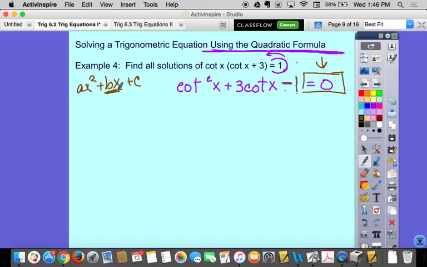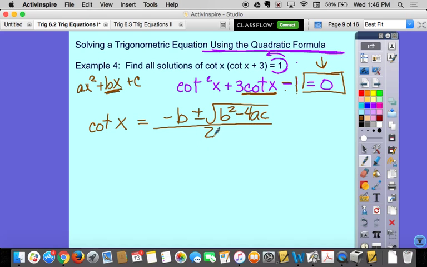It's right here in the middle. So here in the middle we have cotangent of x. So for us, it's not x equals, it's cotangent of x equals. Then you get to set this up: b squared minus 4ac all over 2a. I'm just going to write that down just in case you were a little fuzzy on it.